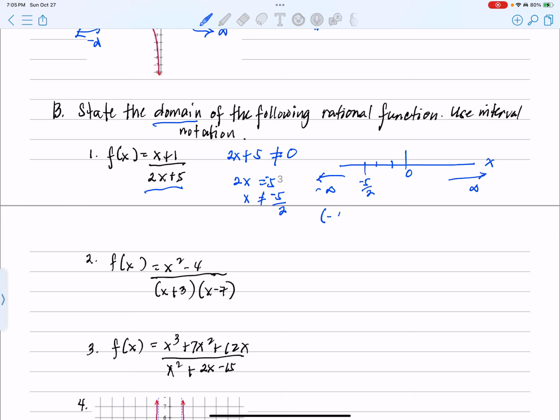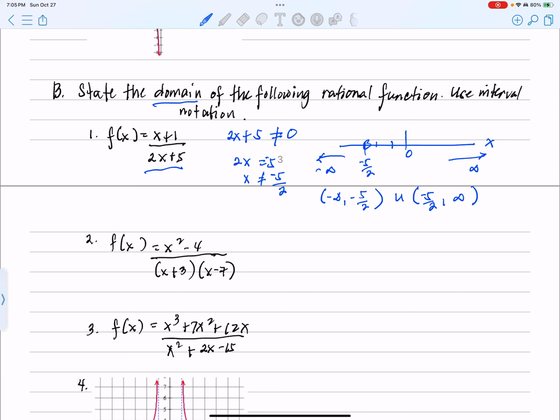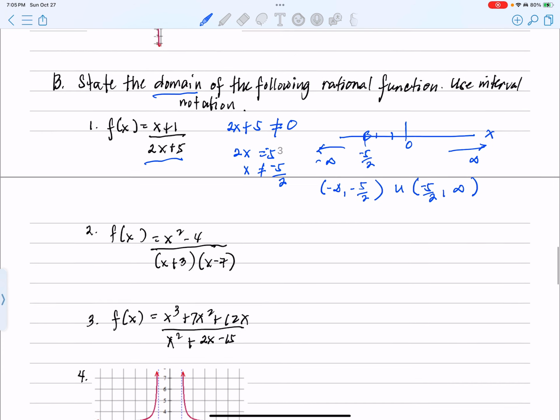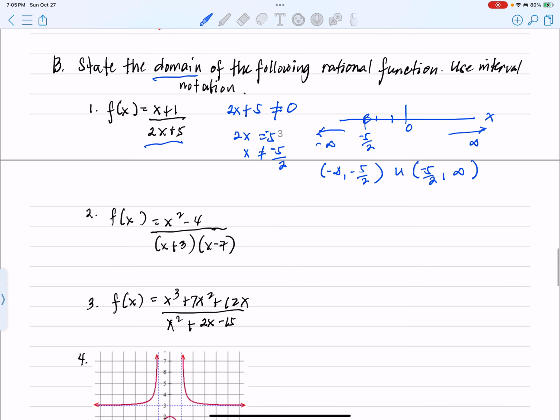From the interval negative infinity to negative 5 over 2, and from negative 5 over 2 to positive infinity, excluding 5 over 2. Because if you plug in 5 over 2 to the function, then the denominator would be equal to 0. When the denominator is equal to 0, that does not define the rational function.